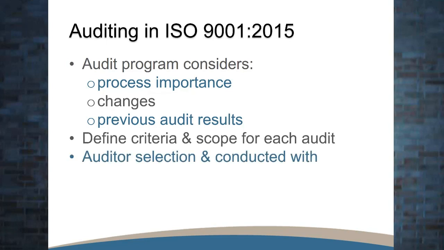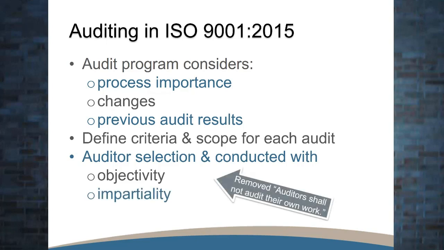Auditor selection and conducting audits need to be done objectively, so with objectivity and also impartiality. And actually there's a requirement in ISO 9001:2008 that has been removed, which stated auditors shall not audit their own work. So I guess that means now you can audit your own work, you just have to maintain objectivity and impartiality in doing so.